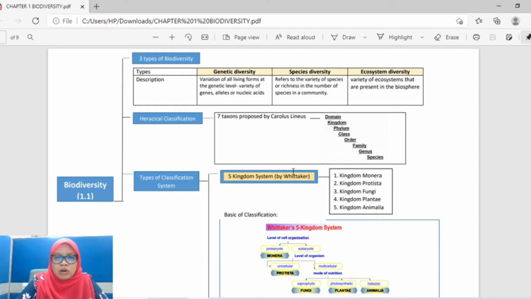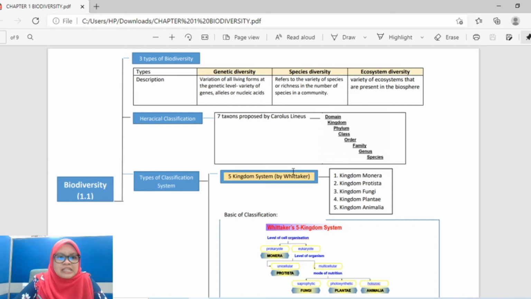So, bila air tawar, ikan yang ada dalamnya hanyalah ikan yang boleh survive pada fresh water. For example, tilapia, lampam. But then if we talk about marine ecosystem, the water is salty. So, the salty water is not suitable for tilapia and lampam to live. So, you can see that different ecosystems show ecosystem diversity.